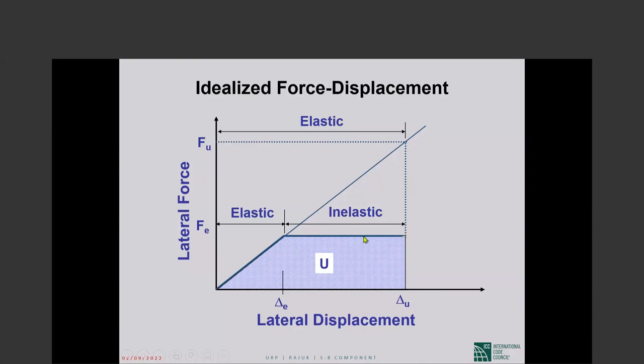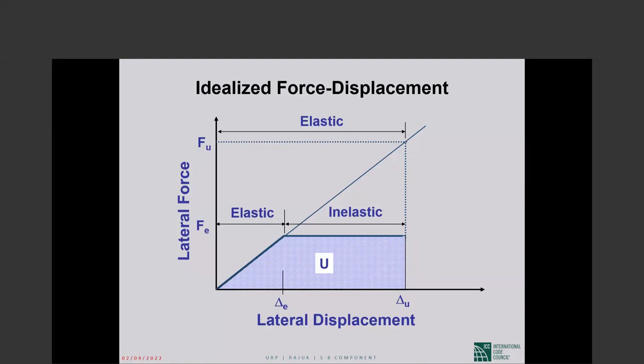There will be damage associated with it. We will not get the structure back intact at the end of the earthquake. The damage has to be repaired, but more importantly, we do not want our structure to collapse because these inelastic deformations are too large. So the inelastic deformations must be within the inelastic deformation capacity of the structure. Inelastic deformation capacity is the range of inelastic displacements over which factored gravity loads can be sustained.